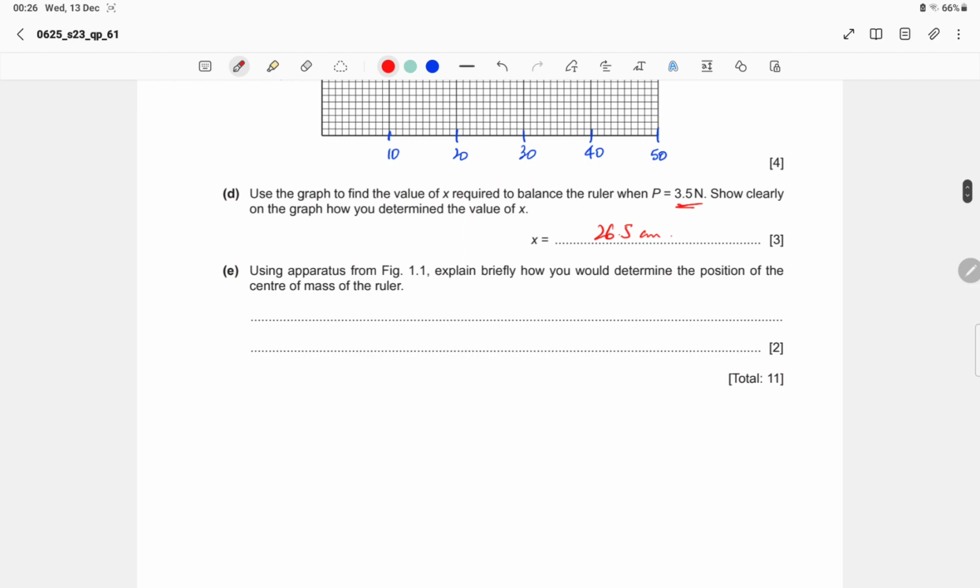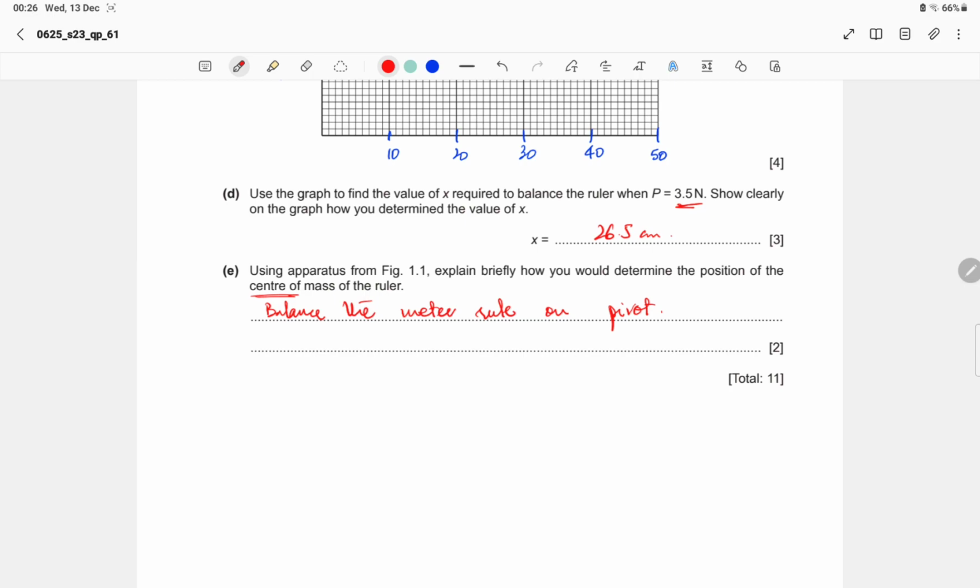Using the apparatus from figure 1.1, explain briefly how you would determine the position of the center of mass of the ruler. So how are we going to find the center of mass? We are going to balance the meter rule on a pivot.